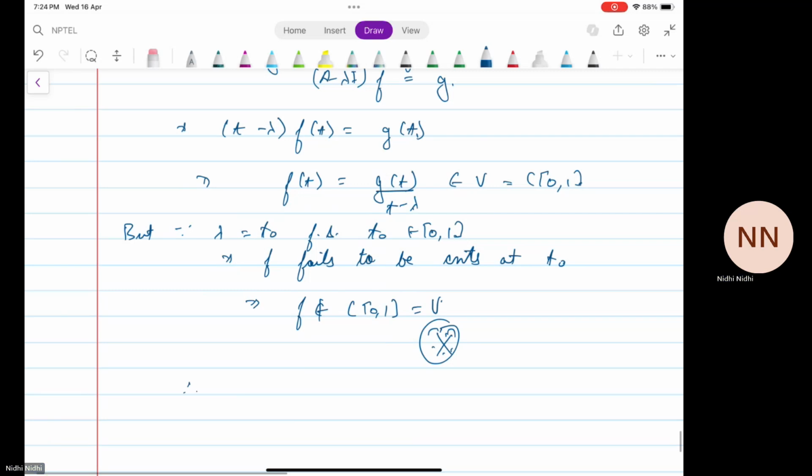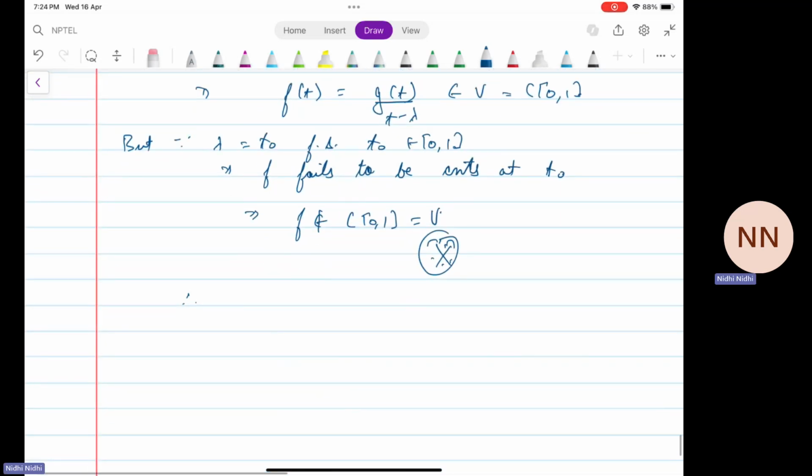Therefore, A minus lambda I is not invertible for every lambda belonging to closed interval 0 to 1.